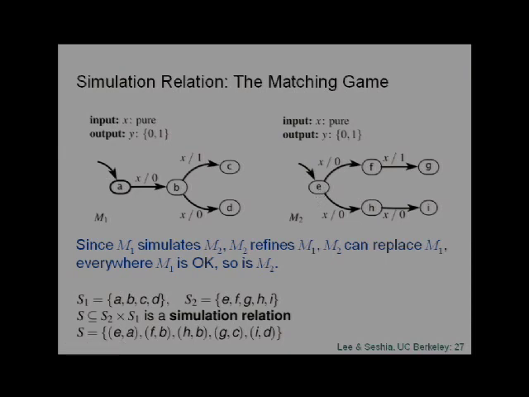if I have the transition from A to B, can I mimic that with the transitions from E to either F or H? Okay, so here I can certainly go from A to B and E to H, and I know that B comma H is in the simulation relation, right?